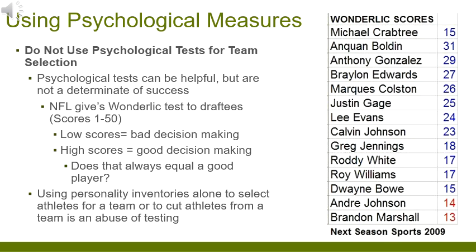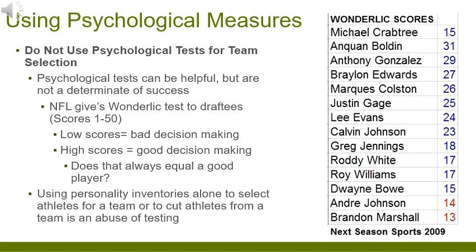It is important that sports teams, sport coaches, and sport general managers not use psychological tests for team selection. While psychological tests can be helpful, they are not a determinant of success. An example would be that the NFL, National Football League, gives a test called the Wonderlic test to draftees.